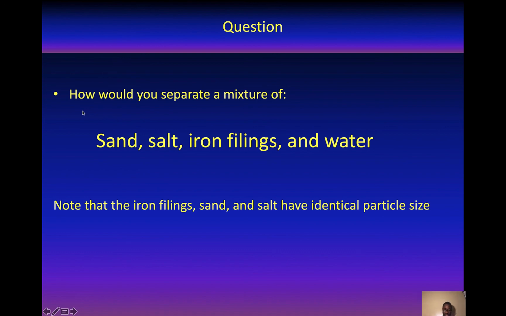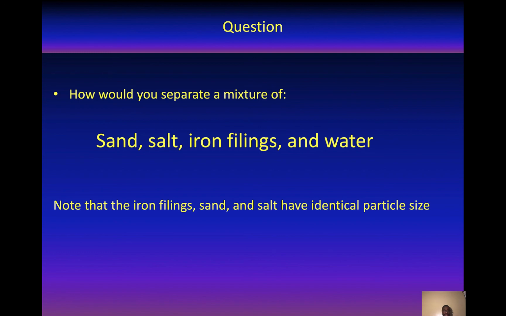So now I'll move on to the salt and water. The salt and water form a solution, so the salt is dissolved in the water. There's no way I can filter out the salt. The only way I can separate the salt solution is to evaporate.